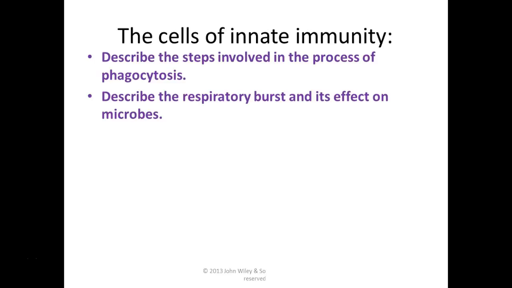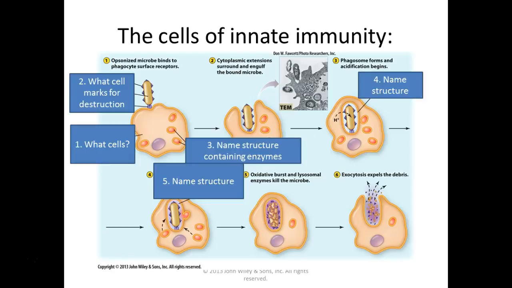For the first one, we have this diagram, and I blocked out some of the key components that you should know. I numbered them because this one is down here instead of up there, so I go in the order I wanted. What cells have the ability to do phagocytosis?